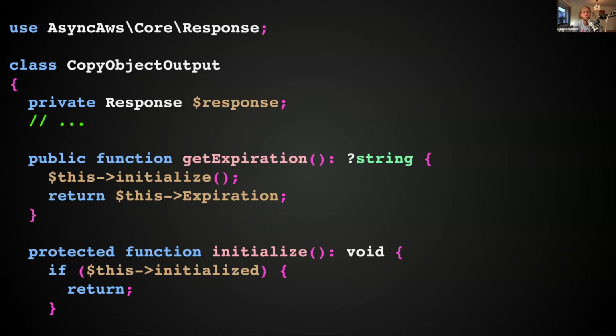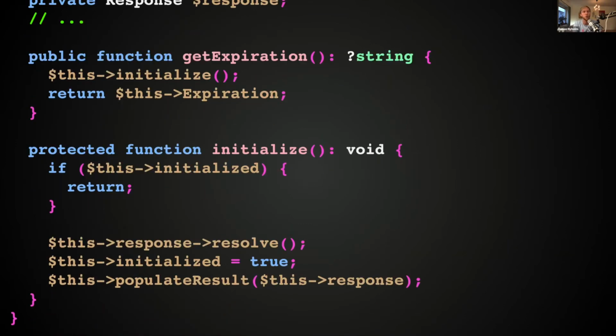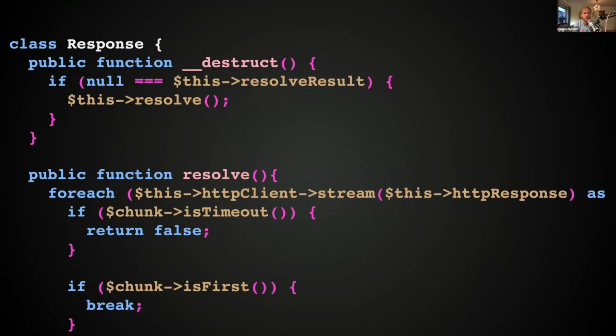You also have a response class. Whenever you call getExpiration, we call the initialize function first, which makes sure that we resolve the response, download the response body and add it to the properties of this class. Make sense?